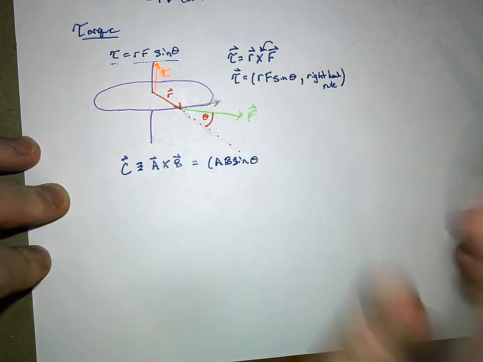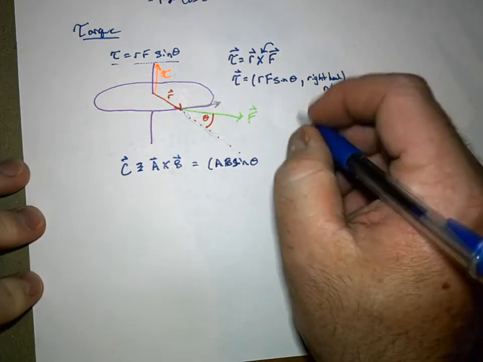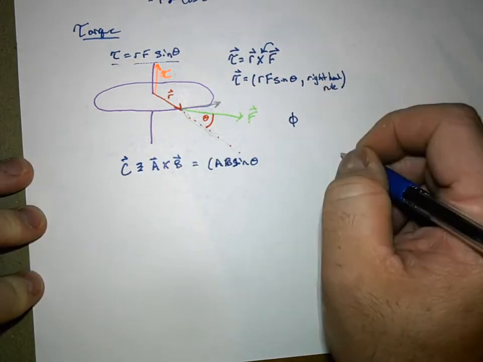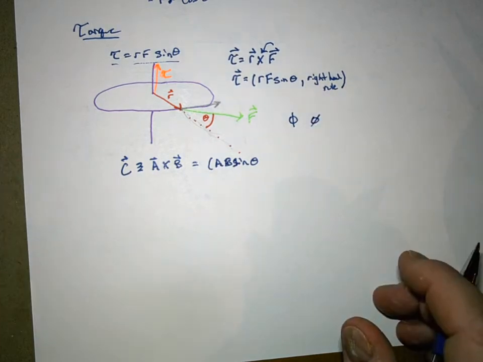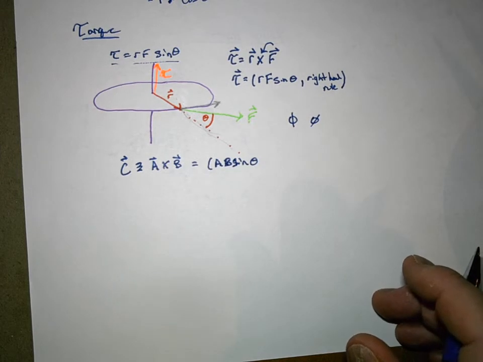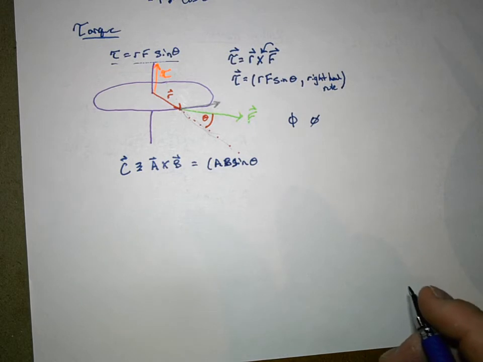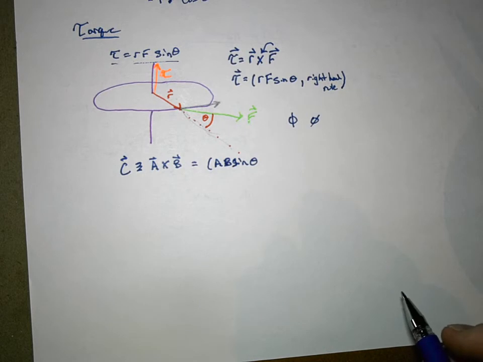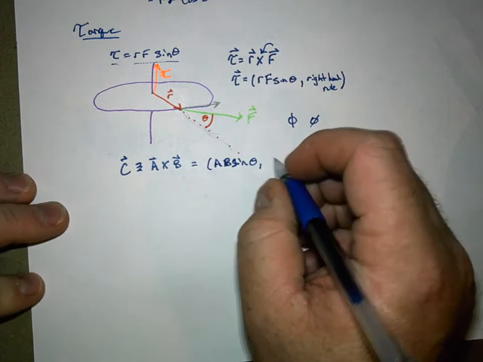The book uses phi. I don't, because I often use that to be my zero, and I am not precise enough with my handwriting to distinguish between those, so I won't expect you guys to do that. So I just use theta, and I trust you guys to be able to recognize that it's the angle between them. AB sine theta, and then we have the right-hand rule.